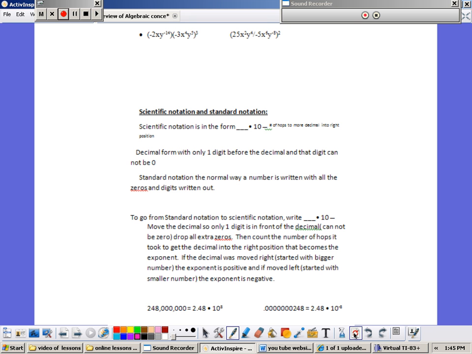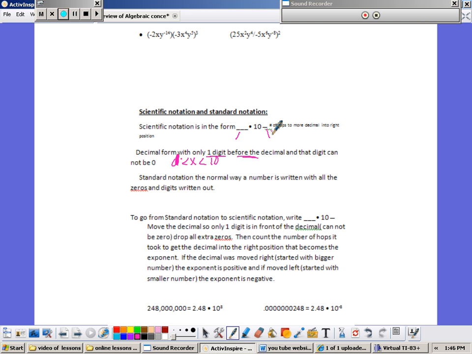The first blank is in decimal form and it only has 1 digit before the decimal. The decimal has to be greater than 1 but less than 10. And the number up here is the number of hops it took to move it.